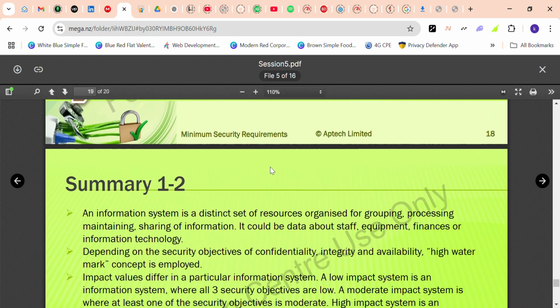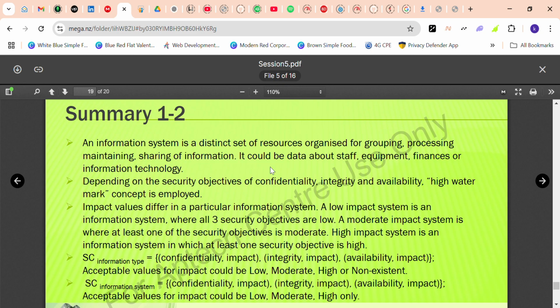Summary of today's class: we talked about information systems. We talked about the security objectives. We talked about the impact value defined in a particular information system. We talked about the security controls. We talked about the acceptable value of impact.